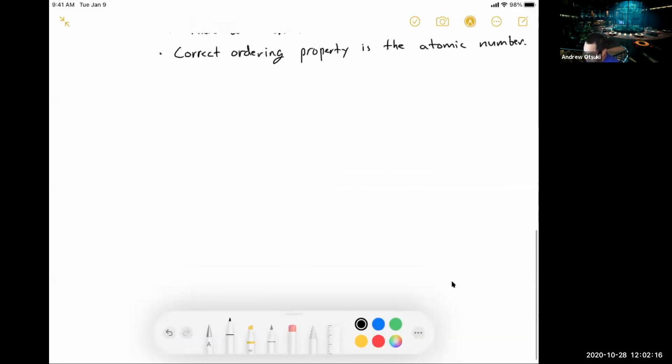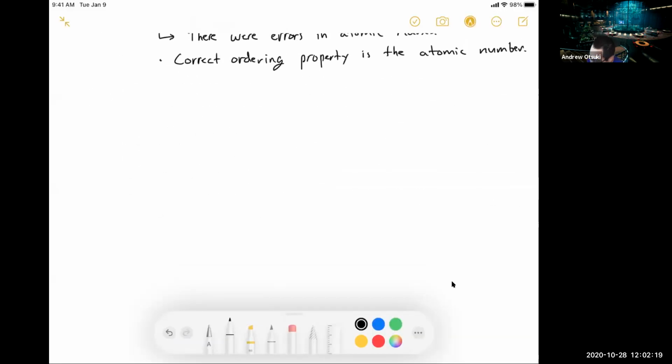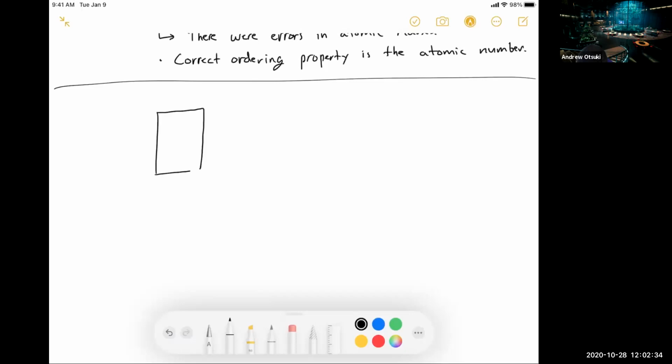Sorry, let's move on here. So here's a sample box from the periodic table. So we have a box that indicates an element. On the top here, we have a number, then we have a symbol, and then we have a much larger number at the bottom, like so.